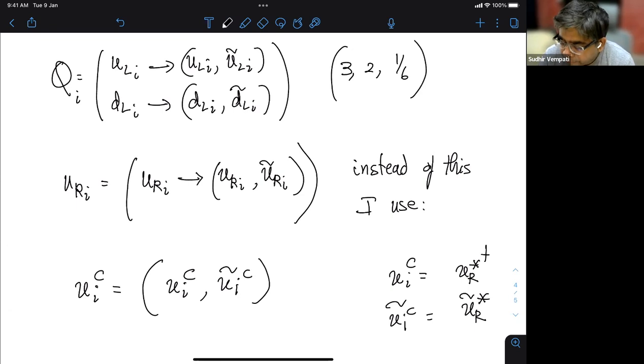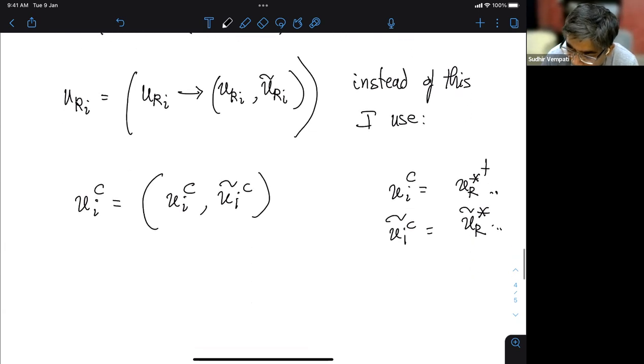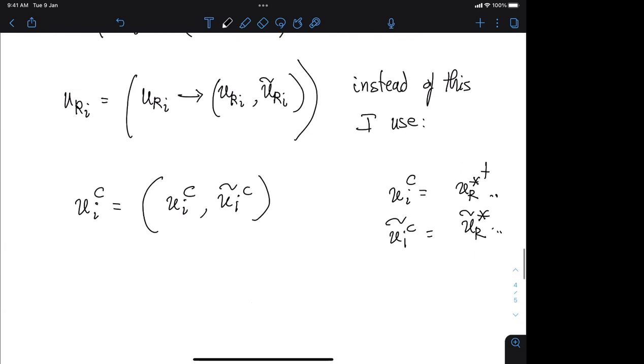That's it. Otherwise the charge becomes complicated. So I take these two fields and make a superfield out of them, and I call it U_i^c. Any questions on this? So the right-handed fields are always introduced in the conjugate notation.